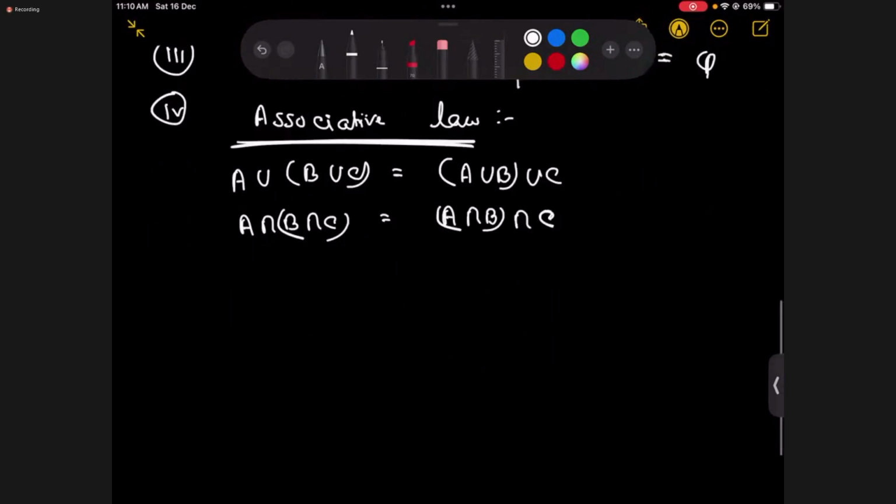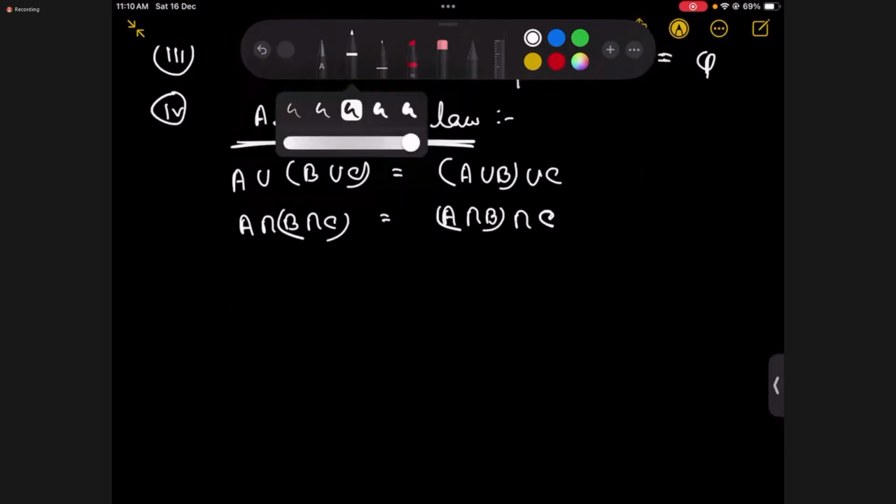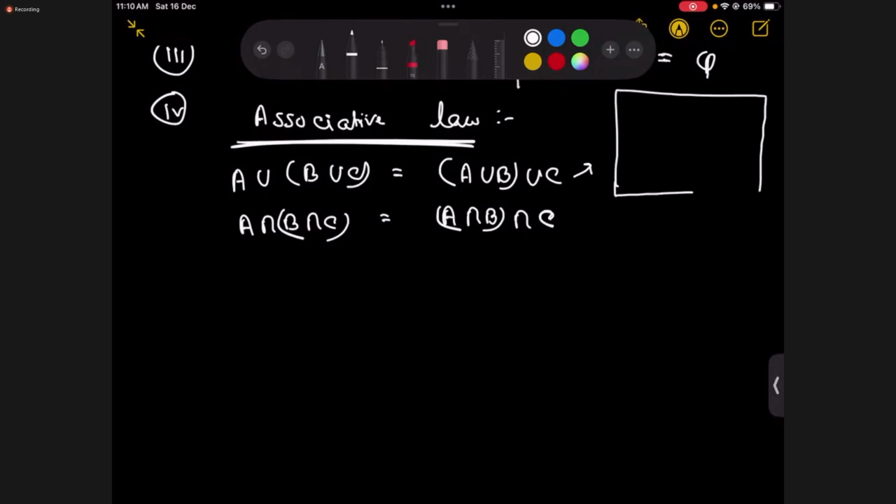At first, check for union. This is our A, in green. In blue, this is our B, and in yellow, this is our C. So what about B union C?